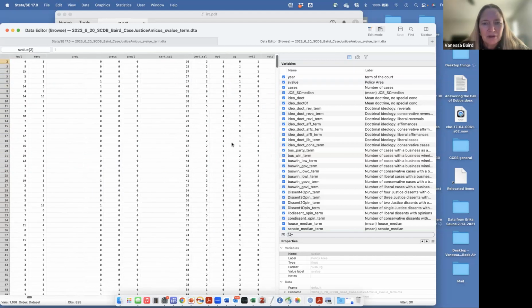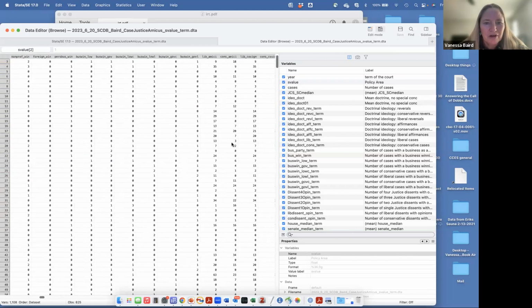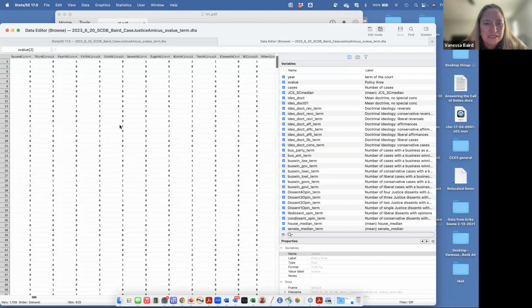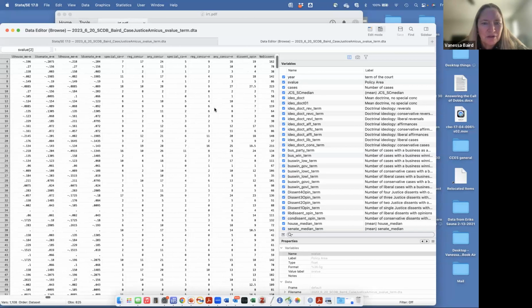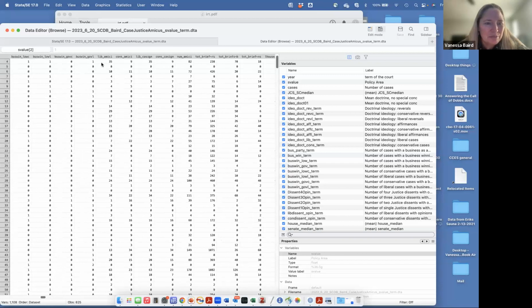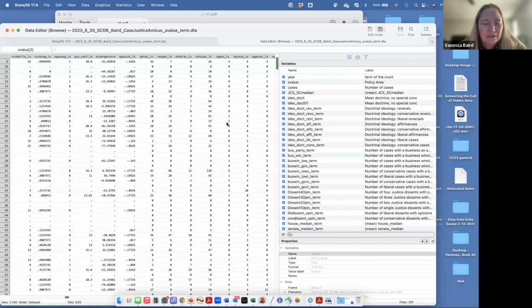Percent liberal, how many were reversed, how many amici participated in that policy area for that year. So it wouldn't be the number of amici for the whole year. It's just the number of amici for that year. How many cases came from different circuits, where they came from, what's the percentage of amici that are liberal in that area.